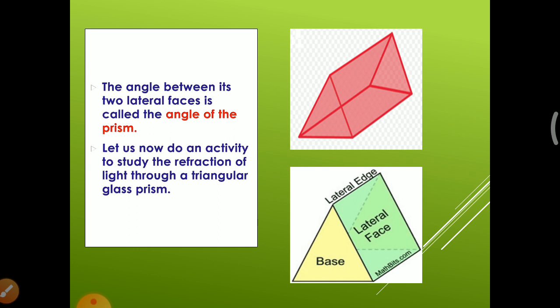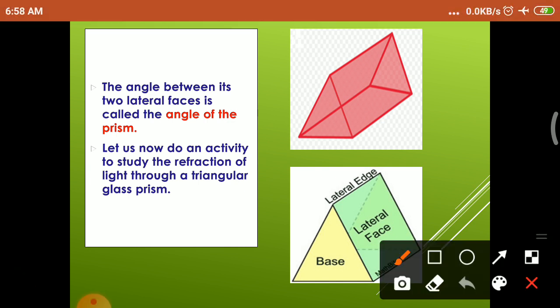The angle between its two lateral surfaces is called the angle of prism. Look here, this is one lateral surface and this is the other lateral surface. These two surfaces are inclined to each other, so this is the angle of prism.